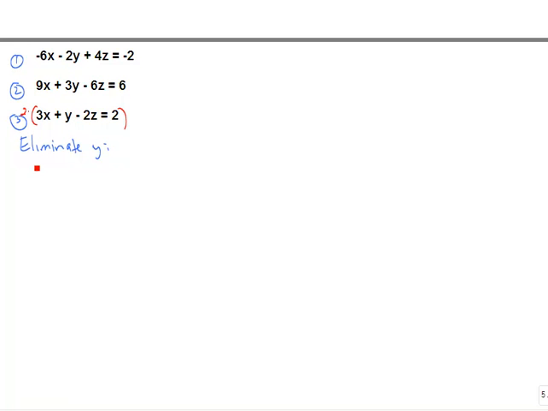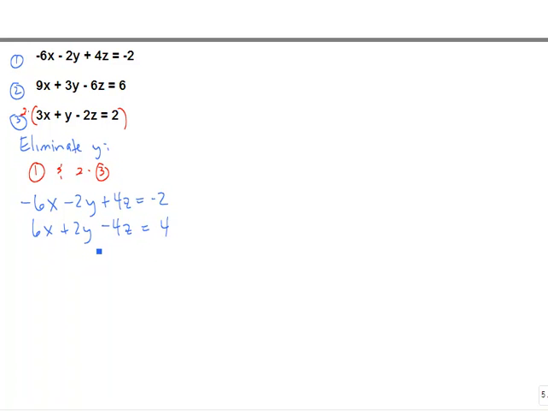So let's take equation 1 and 2 times equation 3. So if we do that, recopying equation 1 unchanged is minus 6x minus 2y plus 4z equals negative 2, and equation 3 times 2 turns into a 6x plus a 2y minus a 4z equals 4.